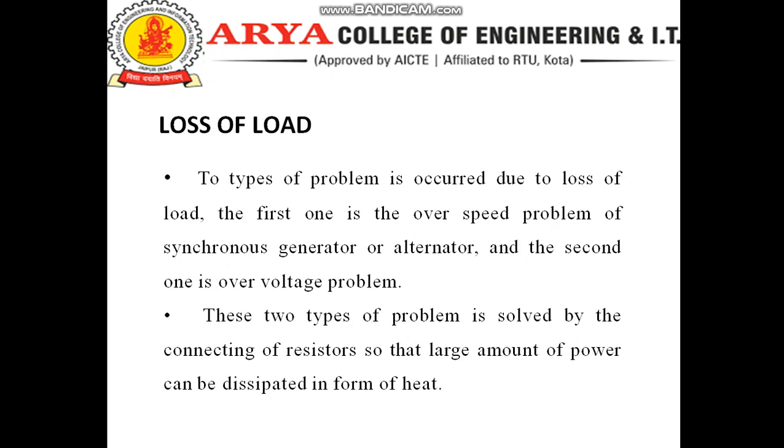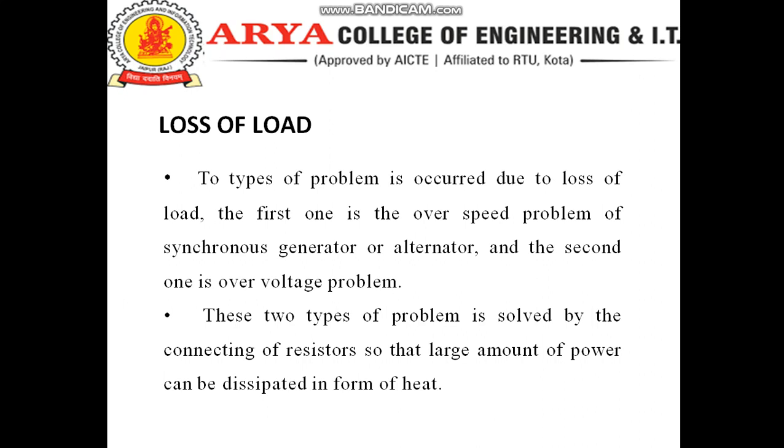Loss of load. Two types of problems occur due to loss of load. The first is the overspeed problem of the synchronous generator or alternator, and the second is the overvoltage problem. These two problems are solved by connecting resistors so that a large amount of power can be dissipated in the form of heat.